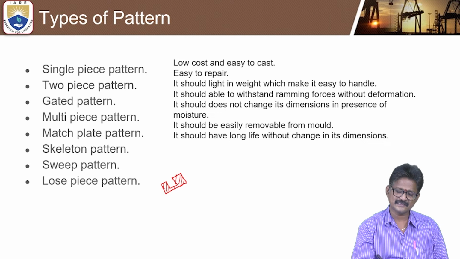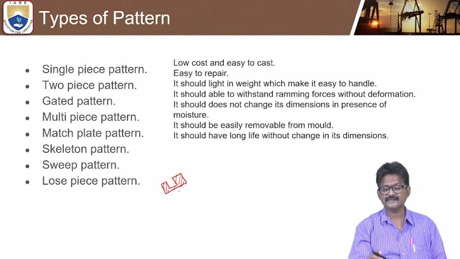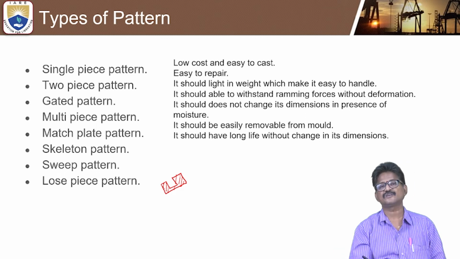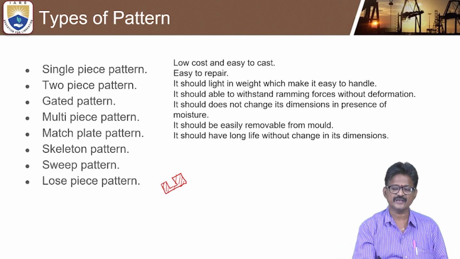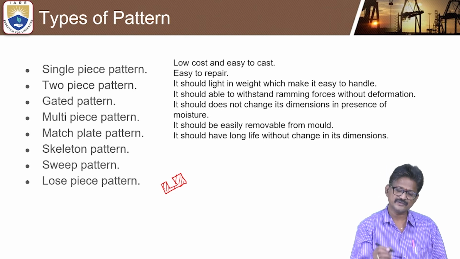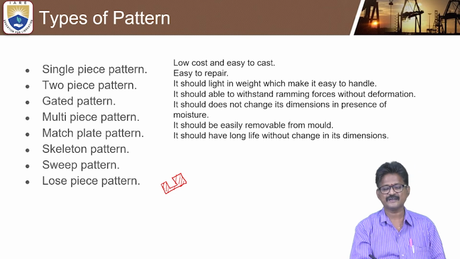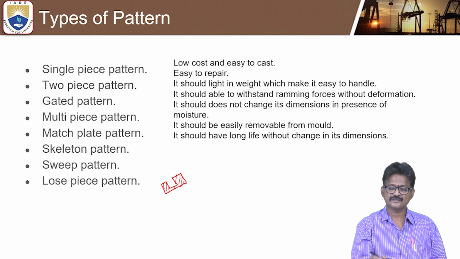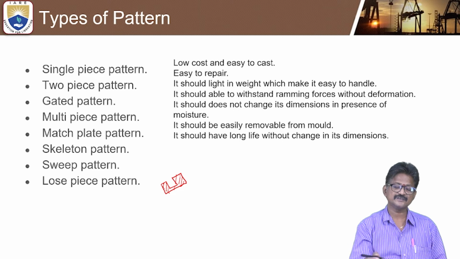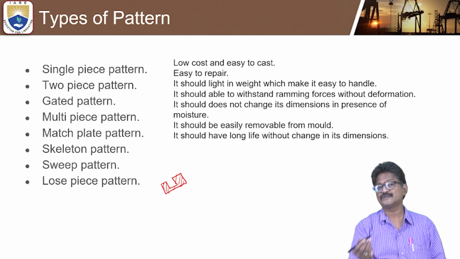This is a pattern, the same shape. This shape only can produce the final component. One component, it is a single piece pattern. Whenever you identify the single piece pattern, based on the number of components to be produced, you can select the pattern material.